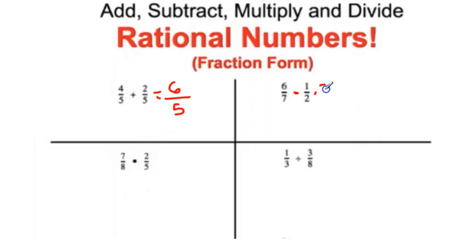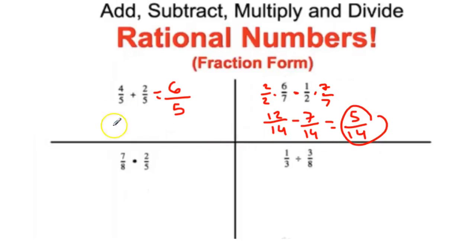So I'll multiply this by 7 over 7, and I'll multiply this by 2 over 2. 2 times 6, 12. 2 times 7 is 14, minus 7 times 1, 7. 2 times 7, 14. Alright, they have the same denominator now, so I can just subtract the numerators on top. 12 minus 7, that's 5, and I keep the bottom, the denominator, of 14.